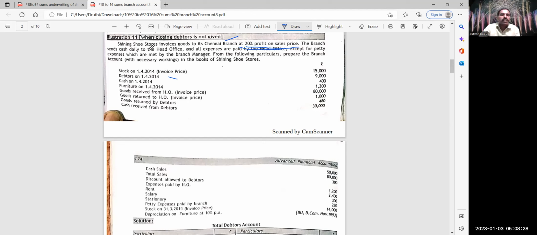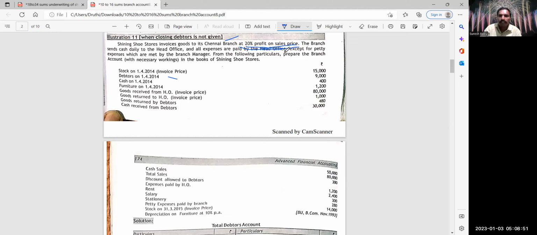Shining Shoe stores invoices goods to its Chennai branch at 20% profit on sales price. So here, 20% profit on sales refers to profit on invoice price only.